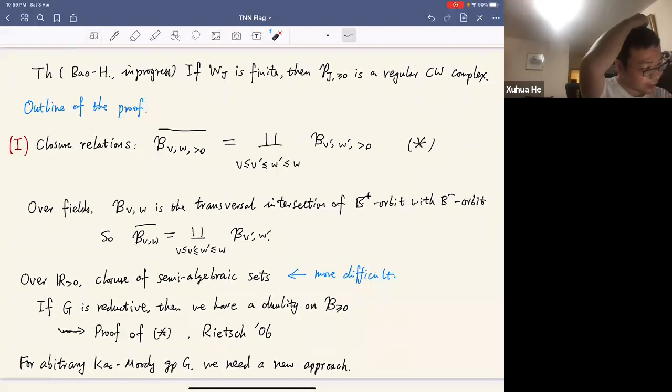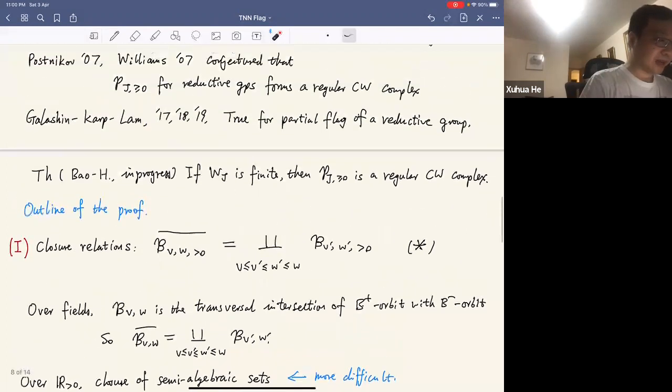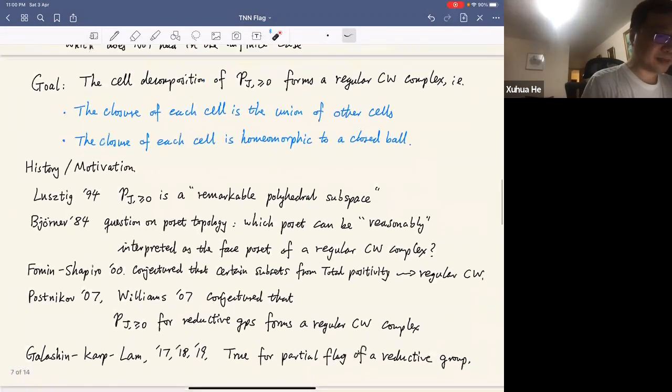I'm going to explain some ideas on how we understand the geometrical and topological properties of the cell decompositions of this totally non-negative part of the partial flag, and also some of the steps which really depend on deep results from the theory of canonical bases. Okay. Let's first go back to the statement.